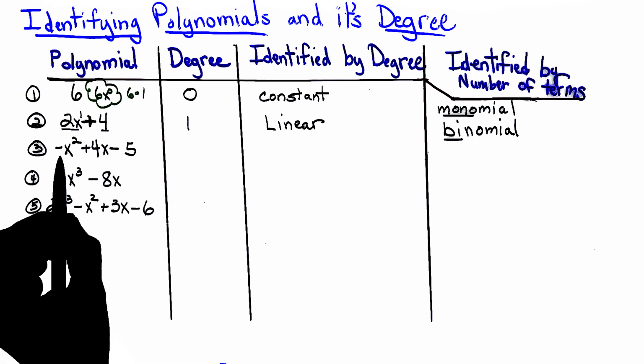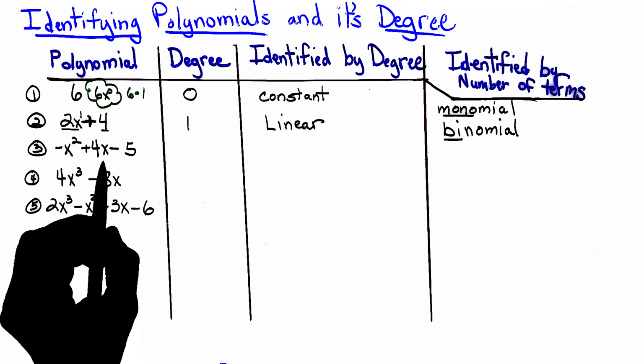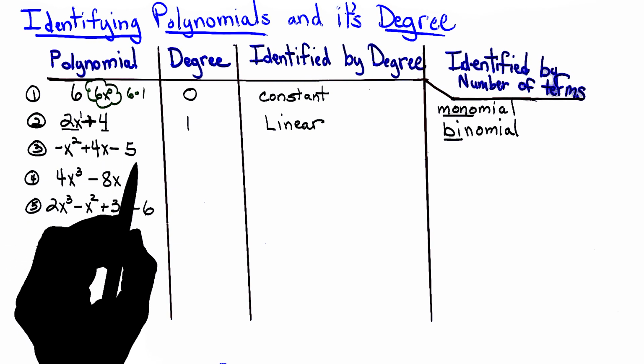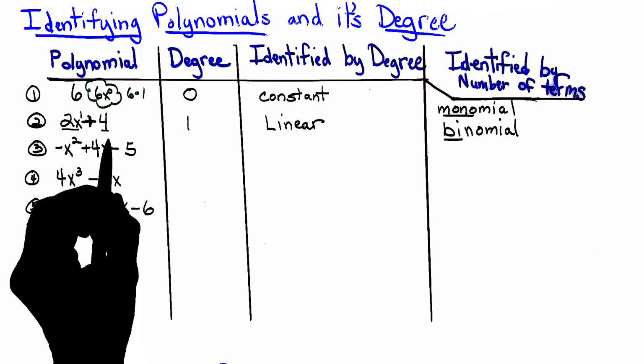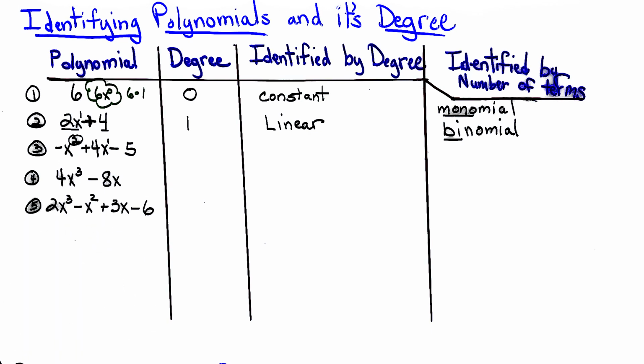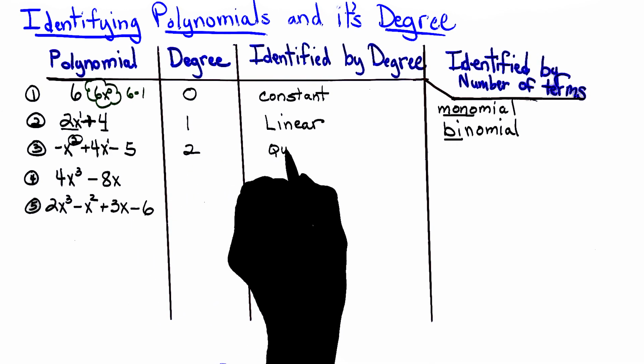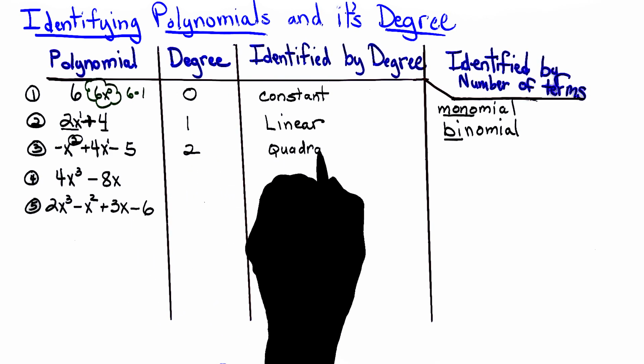All right, number 3, we have negative x squared plus 4x minus 5. Well, for the degree, we actually have 2 x's, but you always take the highest, and the highest degree is a 2. And that's what we would call a quadratic.